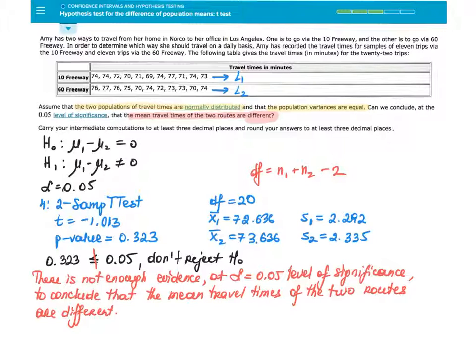I have to accept it as still true, still holding to be true. In other words, we don't have enough evidence at alpha equals 0.05 level of significance to conclude that the mean travel times of the two routes are different. So for Amy, it doesn't matter which way she is traveling, she will run into traffic one way or another. That's what LA is about.